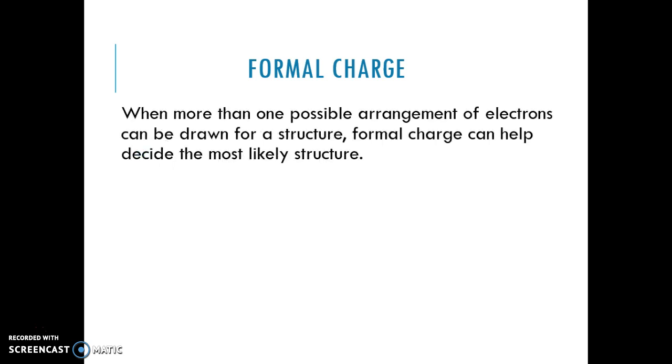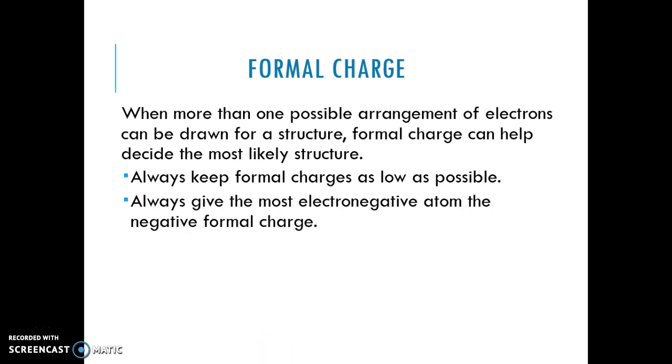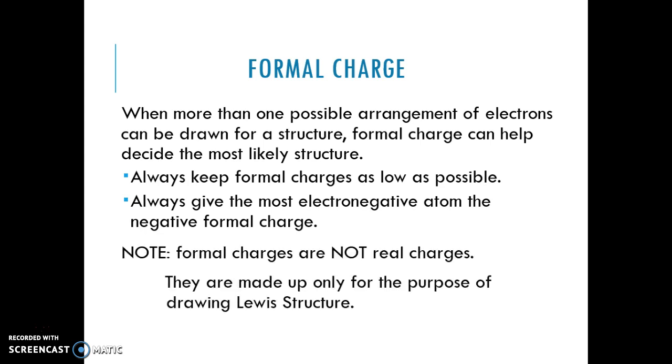Once we've assigned formal charges, in order to differentiate between the possible structures, we're going to follow these rules. The structure that you want to choose is the one that is going to keep formal charges low, and it's going to give the more electronegative atoms the negative formal charge as opposed to a positive formal charge.